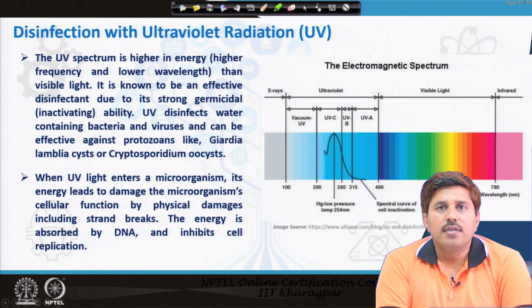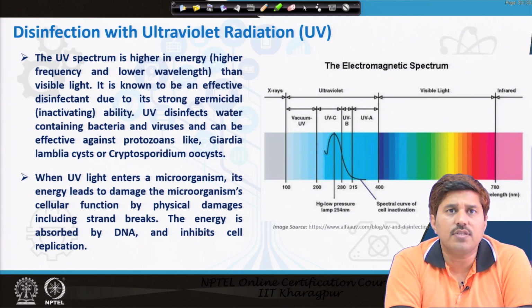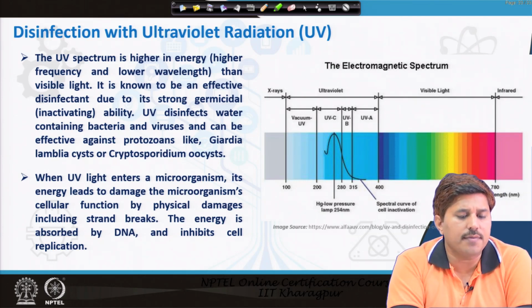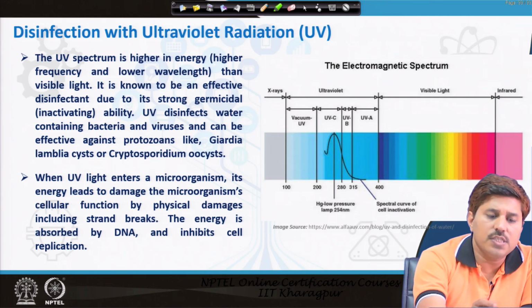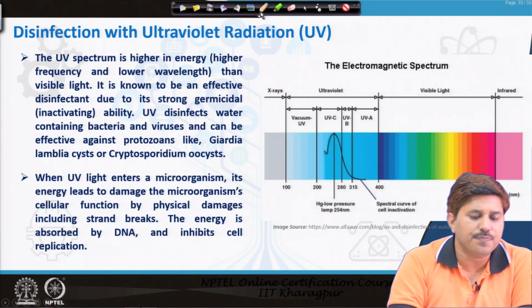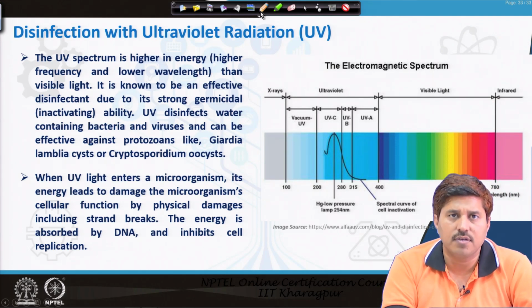The other disinfectant is UV. Disinfection with UV radiation is also getting more popular. The UV spectrum is generally higher in energy than the visible spectrum. The visible spectrum has higher wavelength and lower frequency as compared to the UV spectrum.